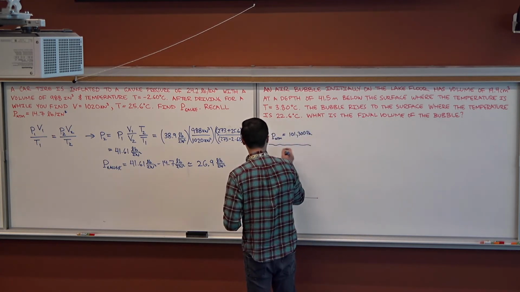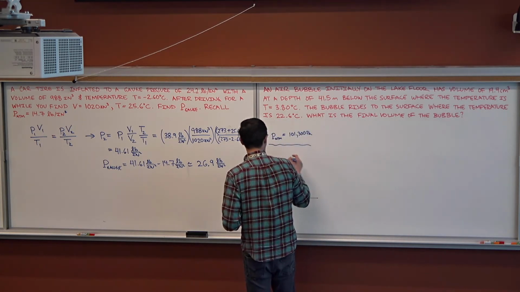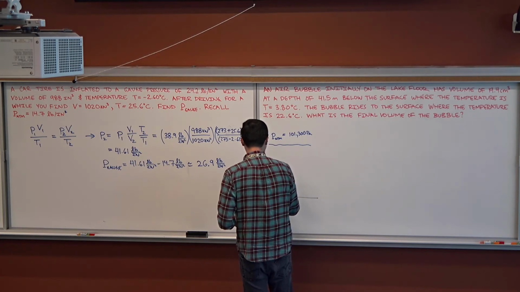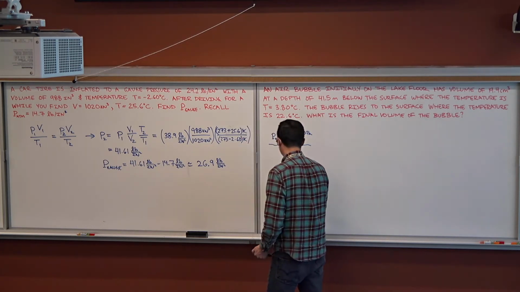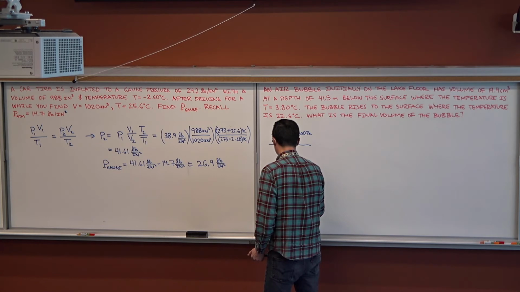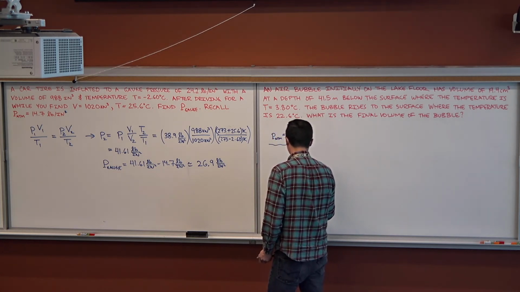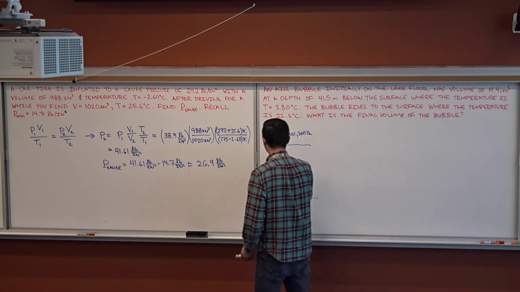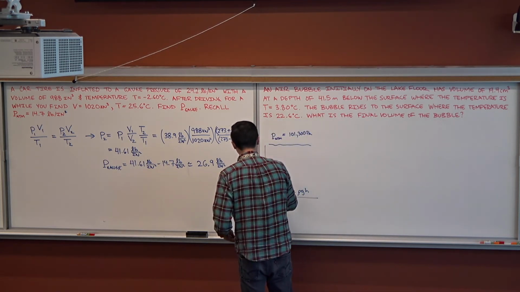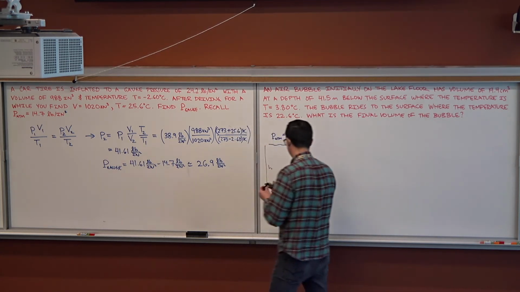Then down here, the pressure is going to wind up being atmospheric pressure plus rho times g times h, where h is the depth below the surface.